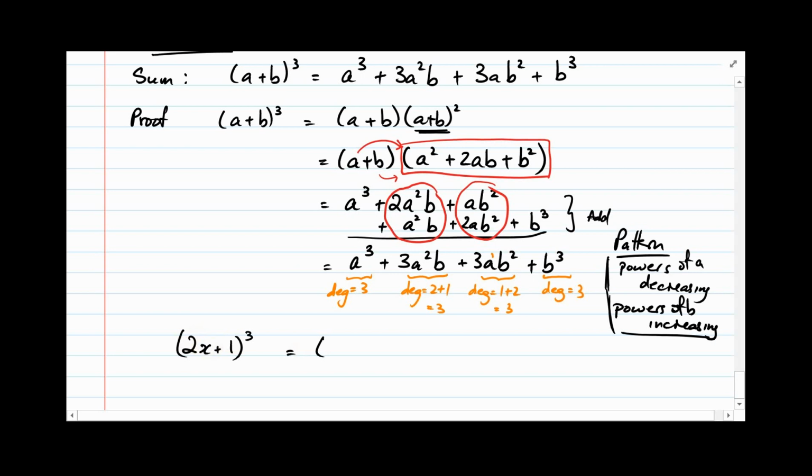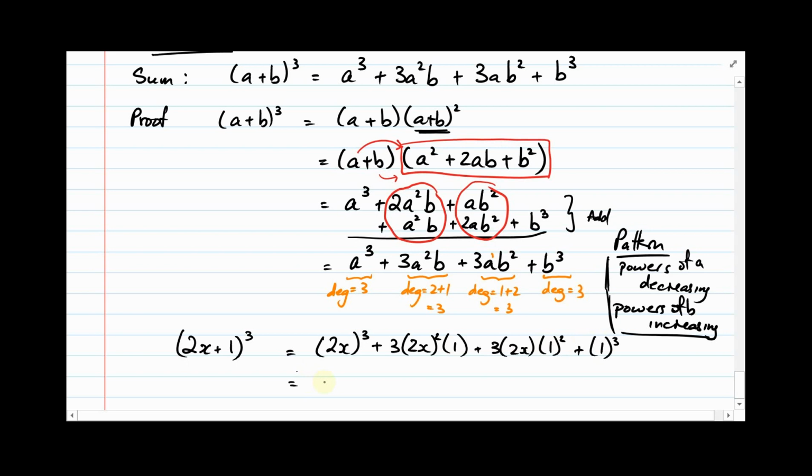What I'm doing is everywhere there was an a, I'm putting in 2x. So it's the first term cubed, then 3 times the first term squared times the second term, then 3 times the first term to the first power, second term squared, and that second term cubed.